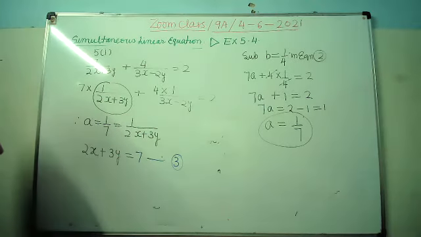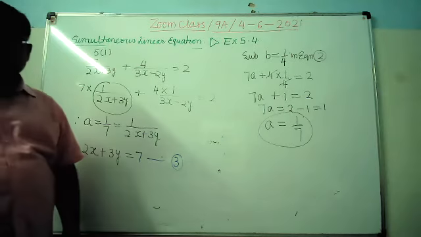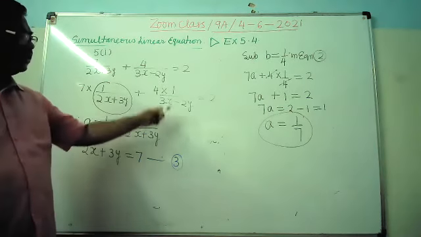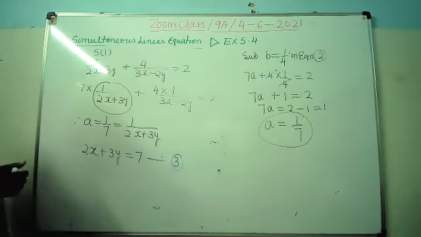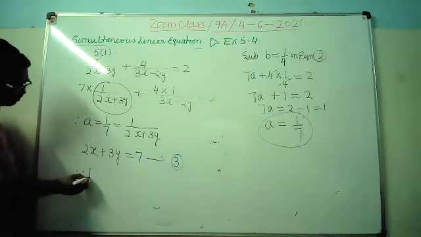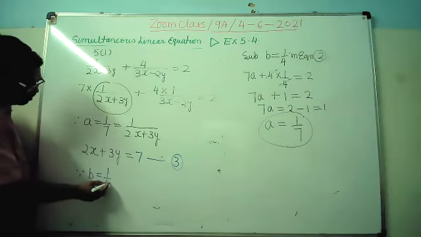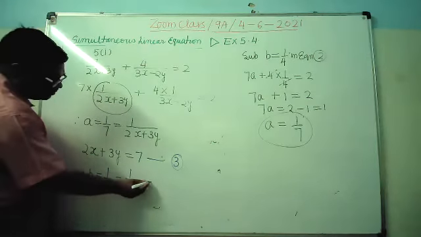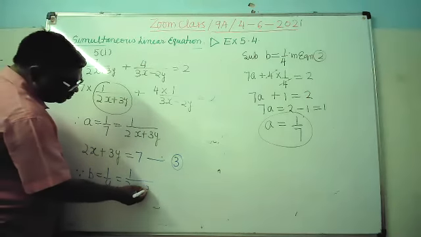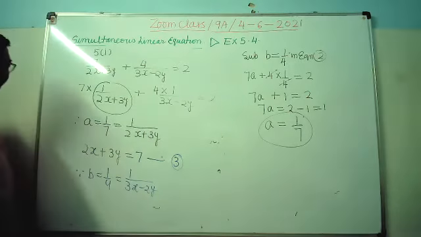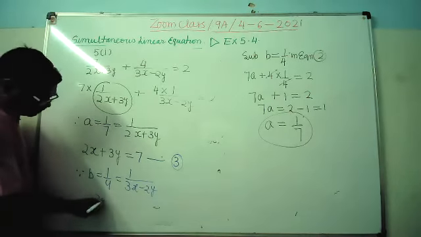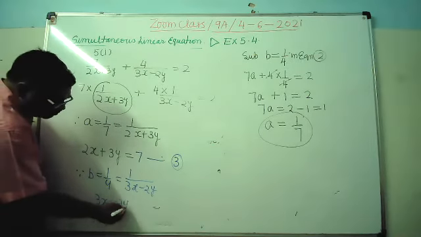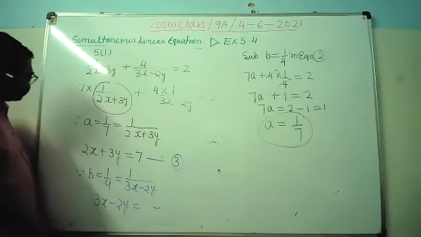Similarly, you have determined B equals to 1 upon 4, and we assumed B equals to 1 upon 3x minus 2y. So what will be 3x minus 2y? 3x minus 2y is equal to 4.